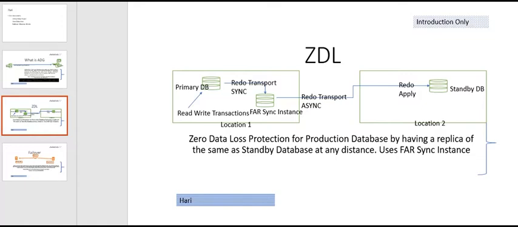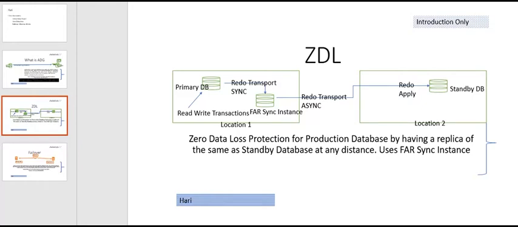You might have poor network bandwidth, you might have very good network bandwidth, but the primary database, if kept in sync with a standby DB at such a long distance, it is very hard for it to get the commit from the standby database and on the primary database.